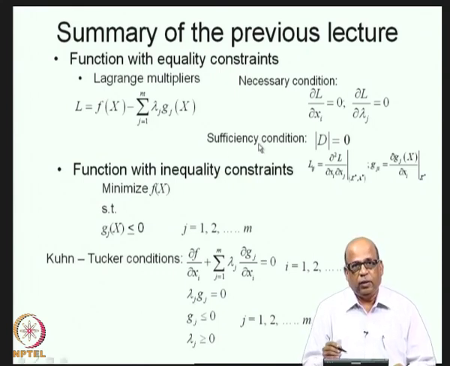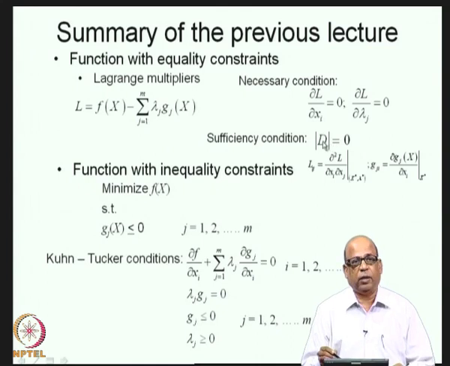For the sufficiency condition, we formulated the determinant D based on the second order derivatives of the Lagrangian, d square L by dx i dx j, evaluated at the stationary point x star, lambda star, and the first order derivatives of the constraint functions g j of x with respect to each of the variables x i.